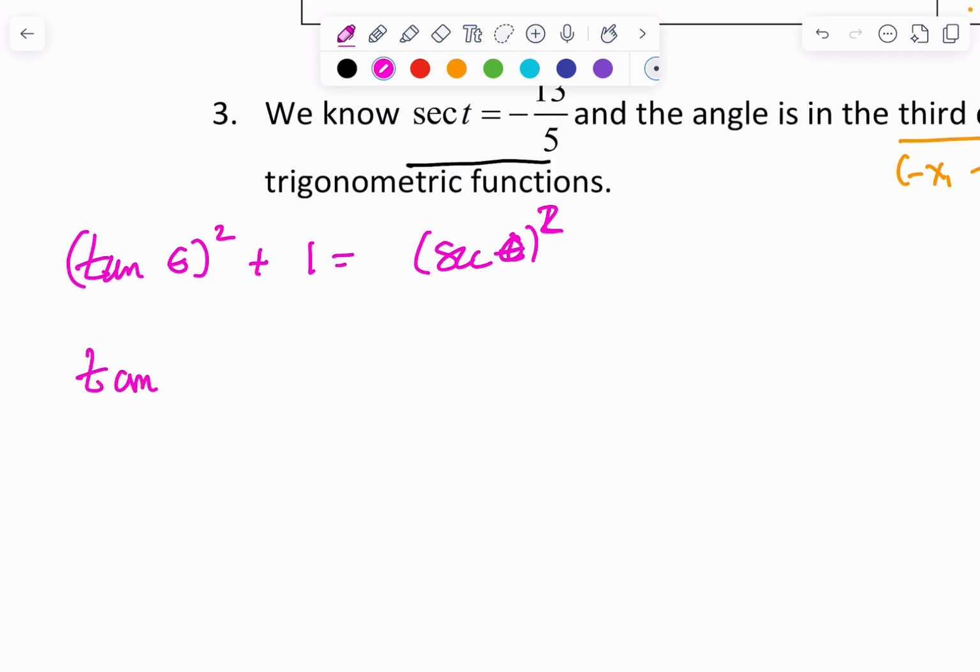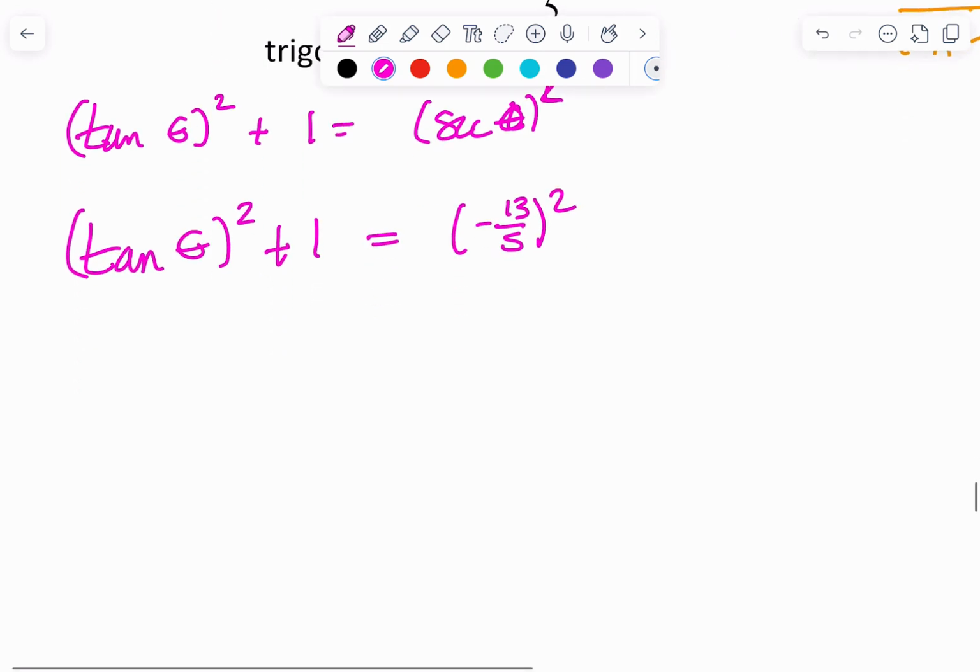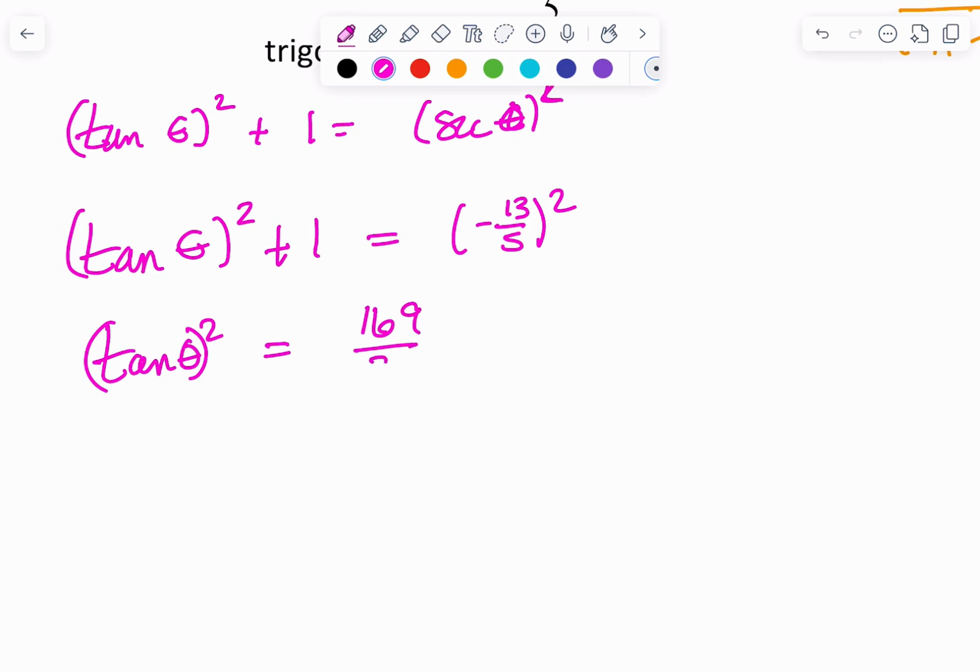Tangent of theta squared plus 1 is equal to negative 13 over 5 squared. So I get that tangent of theta squared is equal to 169 over 25 minus 1, which is 144 over 25. So I did the squaring, and then I subtracted the 1 to the other side. And that's how I got my math there.